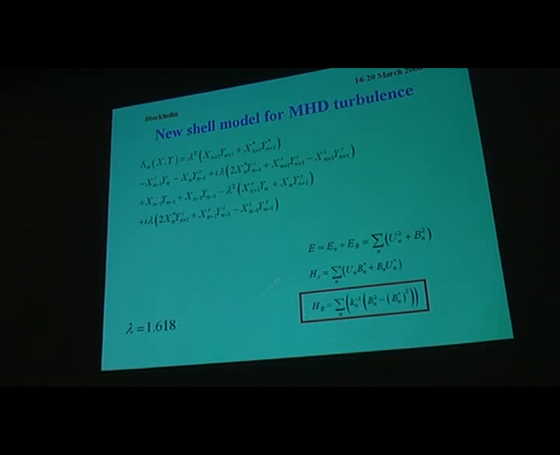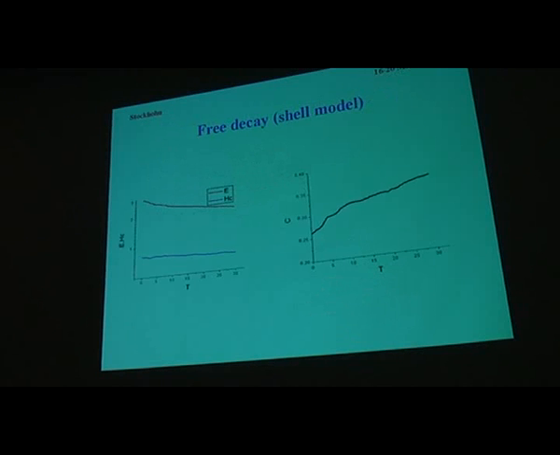We have introduced this model specially to describe the cascade of magnetic helicity, but in the work I am discussing now, the magnetic helicity is supposed to be zero. But the model itself has some features, and I will just show some illustration. What does the model describe?